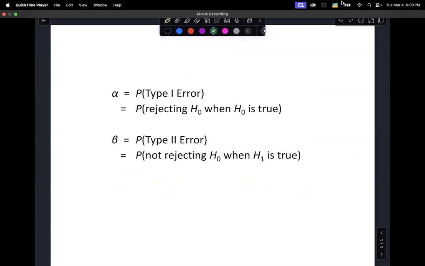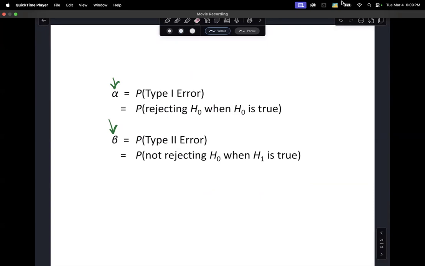The probability of getting a type 1 error is alpha. The probability of getting a type 2 error is beta. That alpha, which we already used for our confidence intervals, is basically the probability of getting a type 1 error.